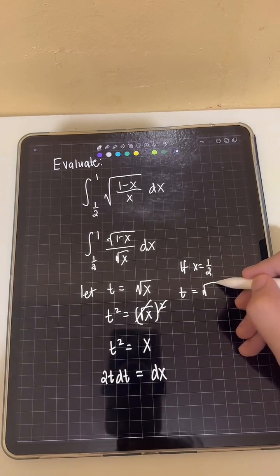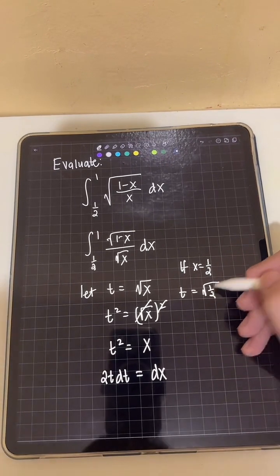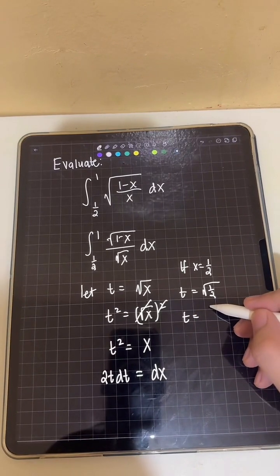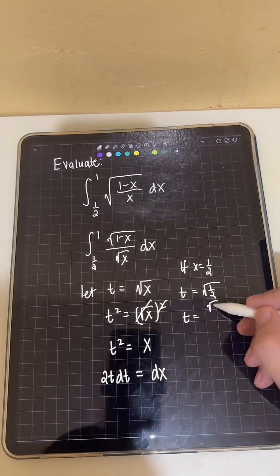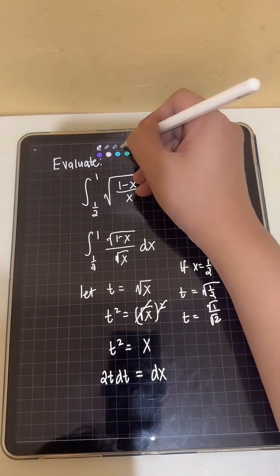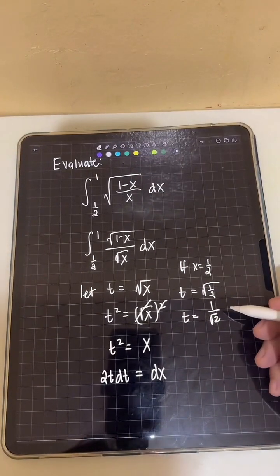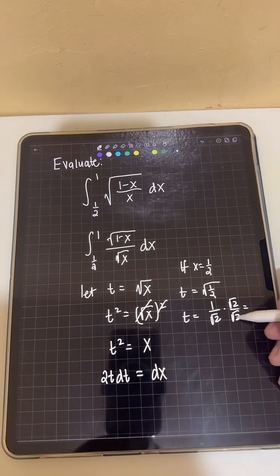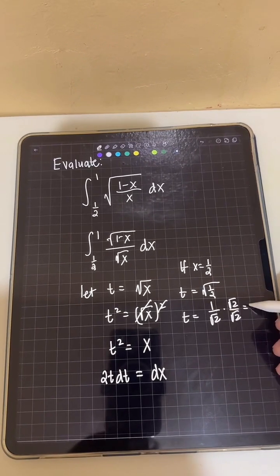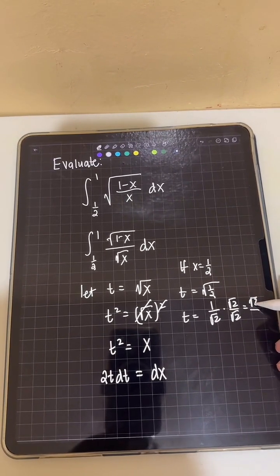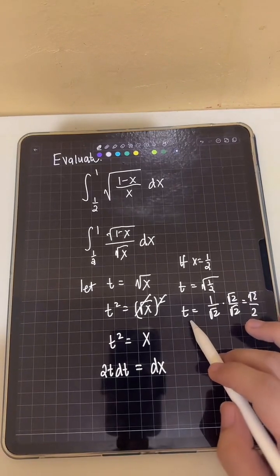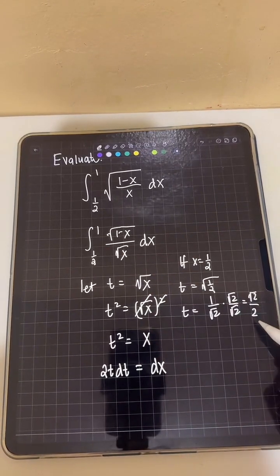So t will be equal to the square root of 1/2. That's the same as square root of 1 over the square root of 2, which is equal to 1 over the square root of 2. Or rationalizing this, multiply both numerator and denominator by square root of 2. It's equal to 1 times square root of 2 over square root of 2 times square root of 2, that's square root of 4 or 2. So this will be the new lower limit in terms of t, square root of 2 over 2.